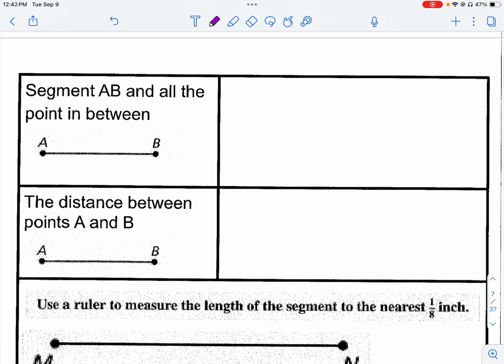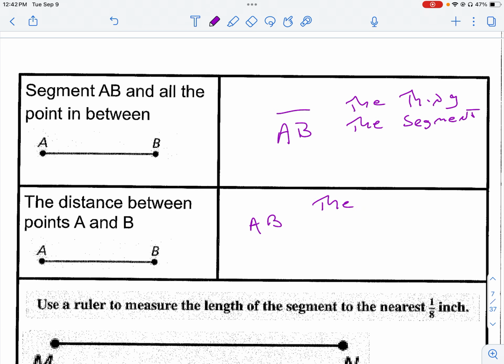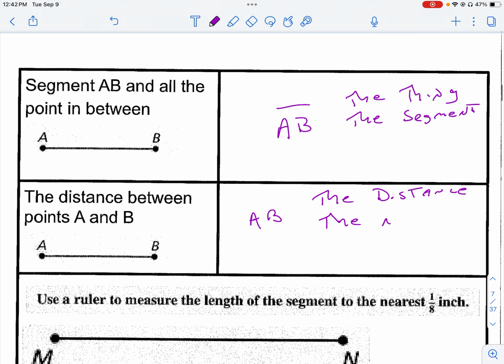So here we're just refreshing. Segment AB and all the points in between. So this is the thing, the segment. The distance is AB. That's the distance or the number.